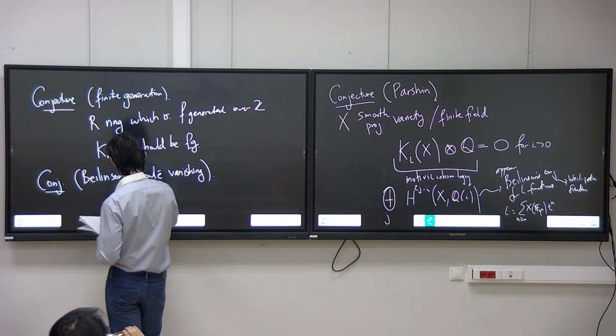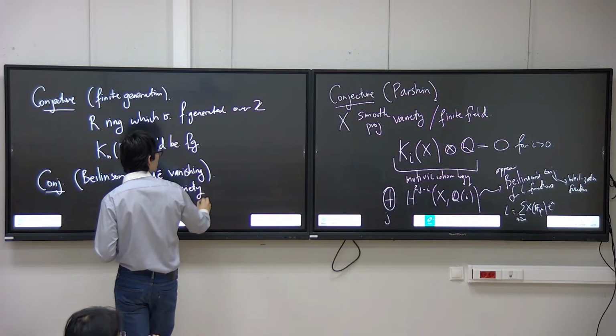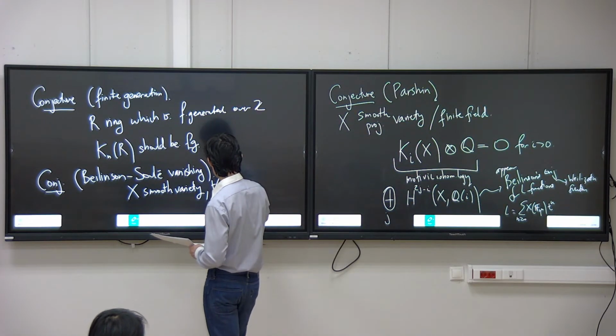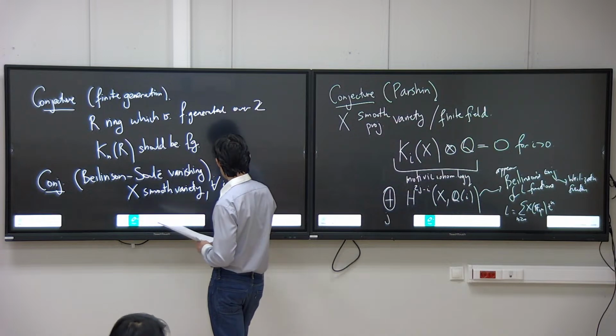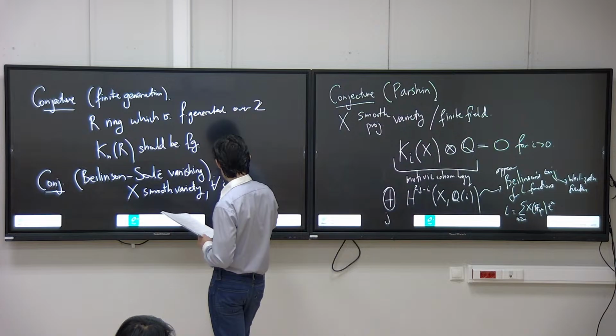So for X a smooth variety, for all i negative, then H^i(X, Z(n)) is 0.